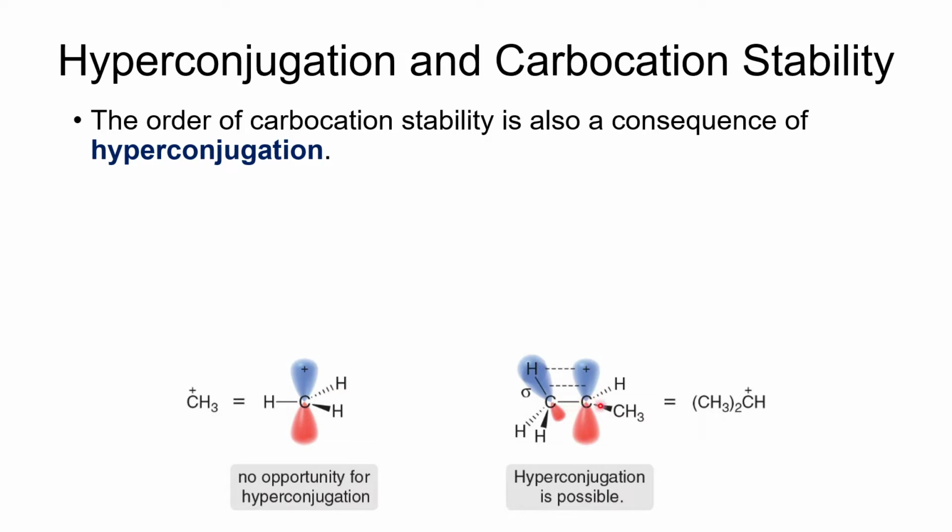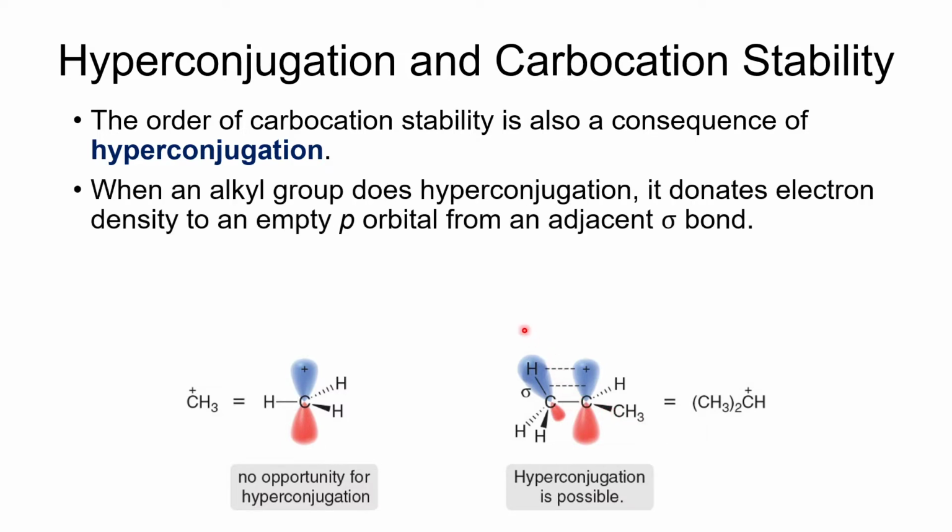It's a primary, or no, I'm sorry, this is the propyl carbocation. It's a secondary carbocation. When you have an alkyl group, those alkyl groups are sp3 hybridized, and it is possible for some of the electron density in this orbital to be donated to the empty p orbital that is on the carbocation carbon.